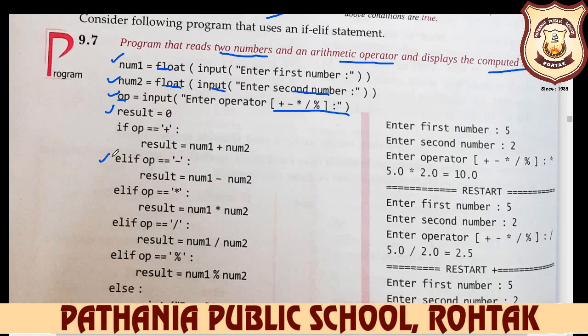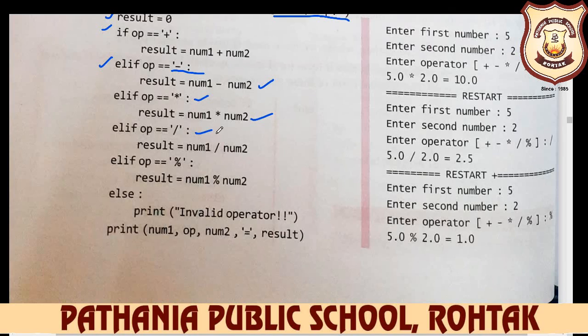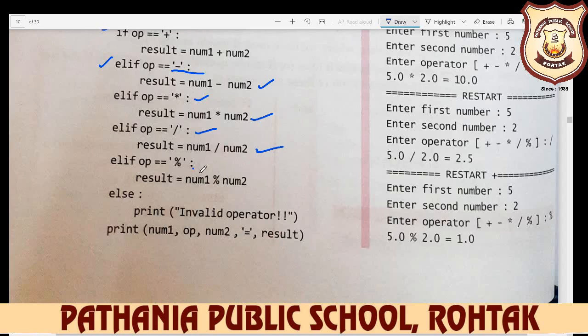After that, this is the if for plus, but elif option is equal to minus, if the user inputs the minus operator, then we do number 1 minus number 2, so subtraction. Elif the user inputs the multiplication sign, then our calculation is multiplication, and if the user inputs the divide sign, then result is equal to division, and if the user inputs the mod sign, then it calculates the mod. Okay, and else print invalid operator, and print number 1 option number 2 is equal to result.